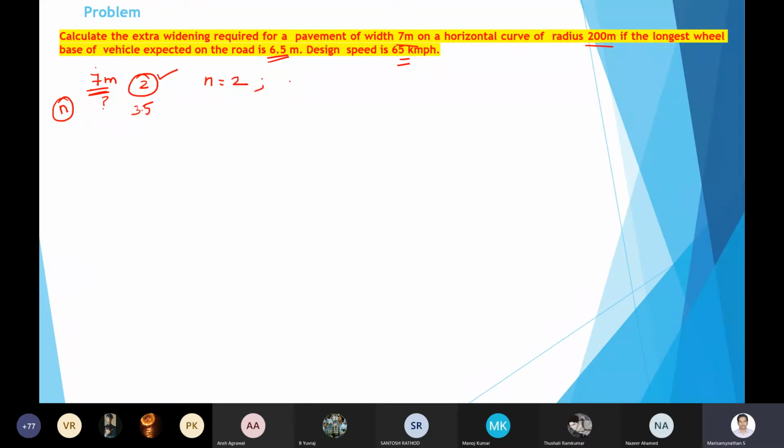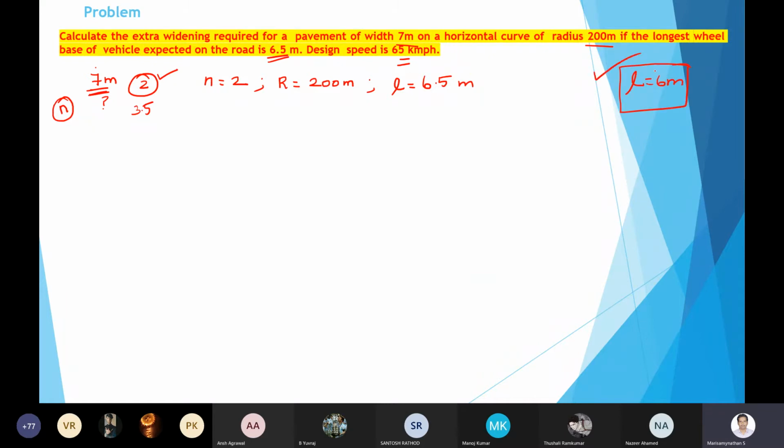Then the horizontal curve radius is given as 200 meter, or R is equal to 200 meter. Then the wheelbase length expected is given as 6.5 meter. If not given in your problem, you assume the L value as 6 meter as per the IRC standard.